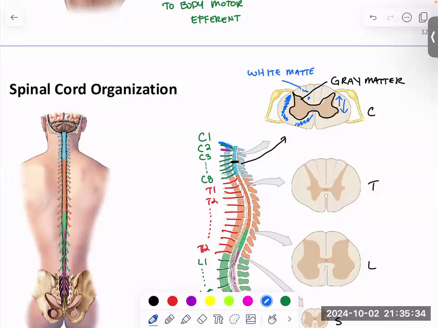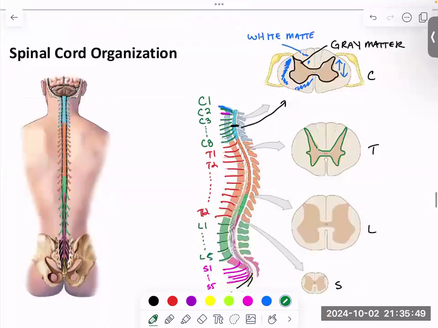You can see the cervical vertebrae. The gray matter looks different than the thoracic. I love the thoracics because it looks like the Honda symbol. That's the gray matter. You can see clearly the gray matter in all areas of the spinal cord.